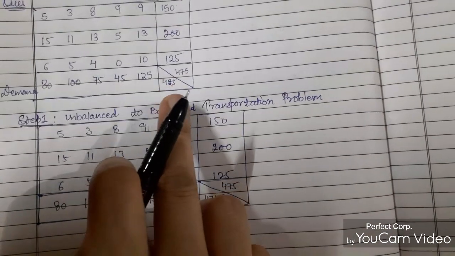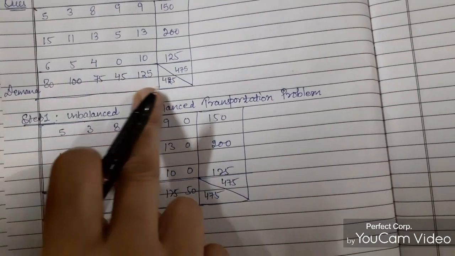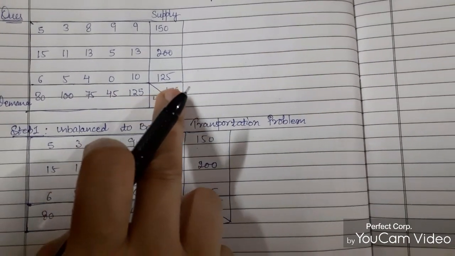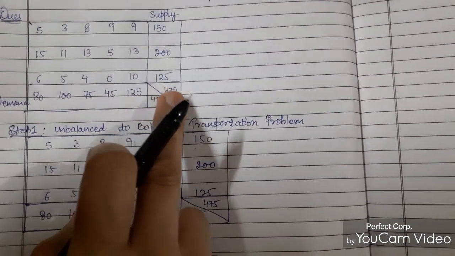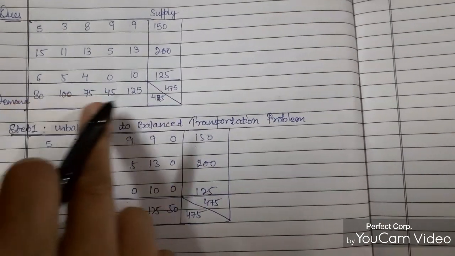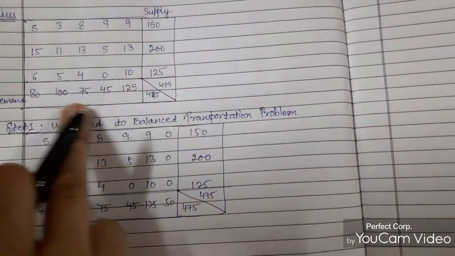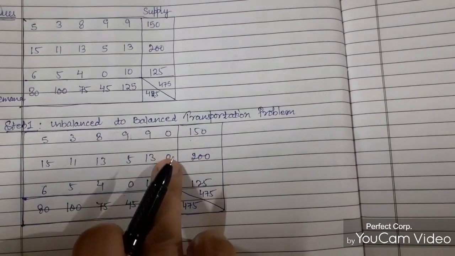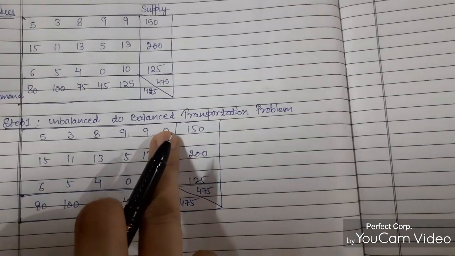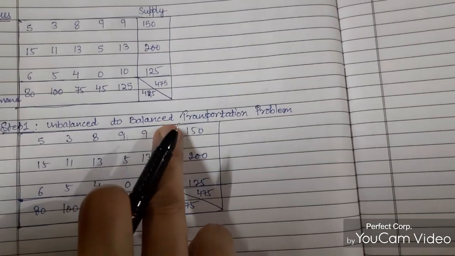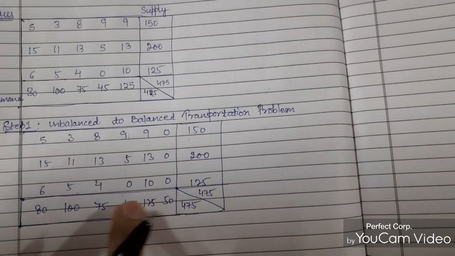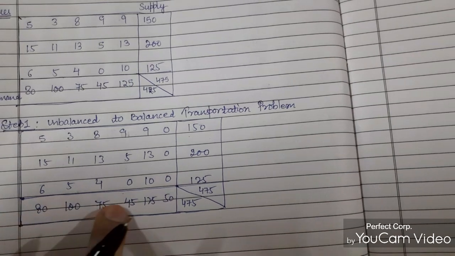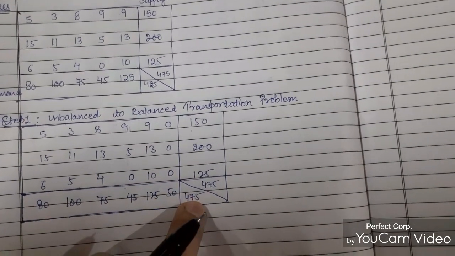The sum total of the demand is 425 and the sum total of the supply is 475. So we have to equate these two values, and to equate them we need to add a dummy column in respect to the demand. The cost assigned here is 0. We add a dummy column with the demand 50, and when we add all these values now we get the sum 475.